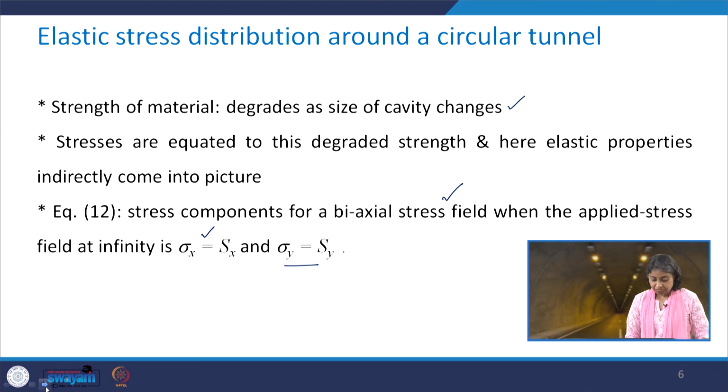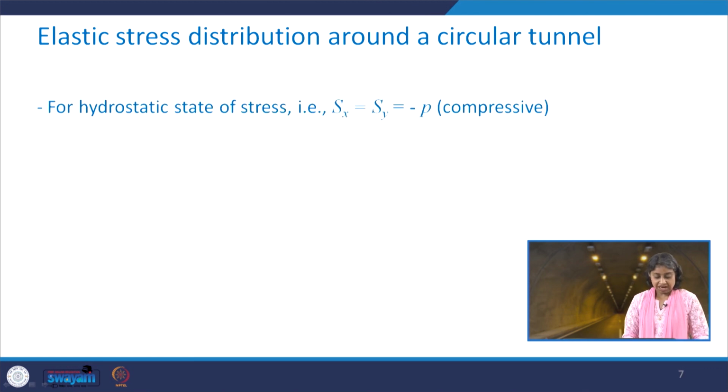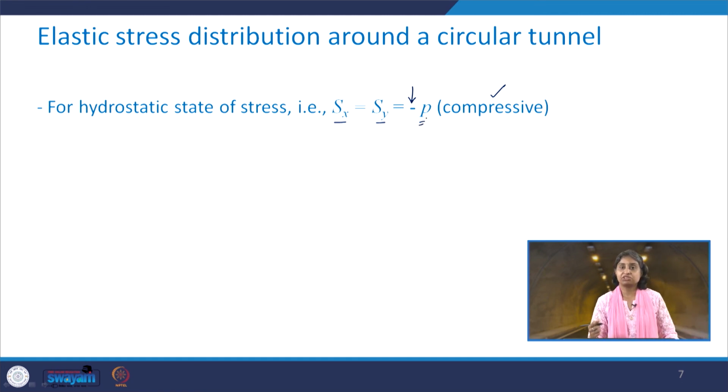Take a look here first at the hydrostatic state of stress. In this case your Sx and Sy will both be equal, and when they are compressive, I will just put a negative sign with their magnitude, because if you recall, in the previous class I mentioned to you that all these are generated with tension as positive.